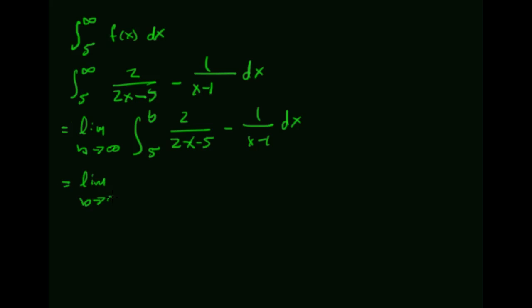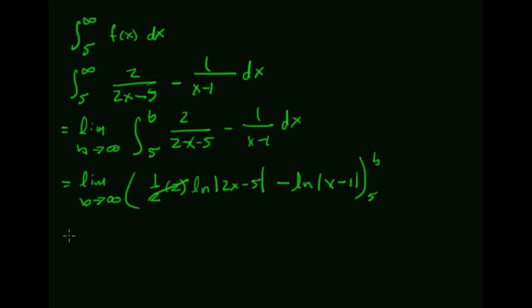The derivative of the inside is 2, so I get a half out of that, times 2 times the natural log of the absolute value of 2x minus 5, minus the natural log of the absolute value of x minus 1, from 5 to b. Okay, so this cancels.